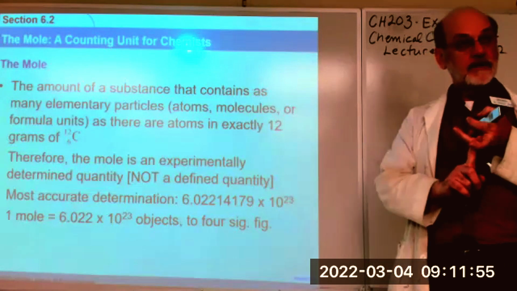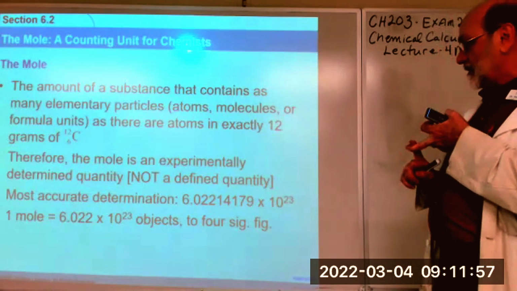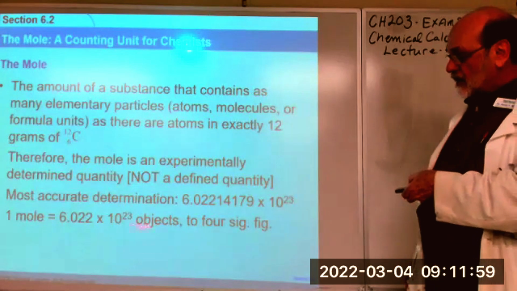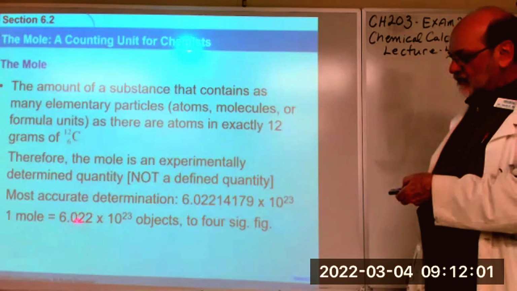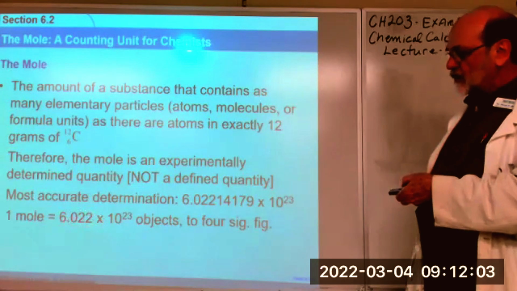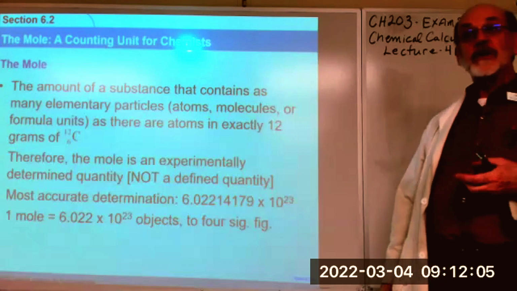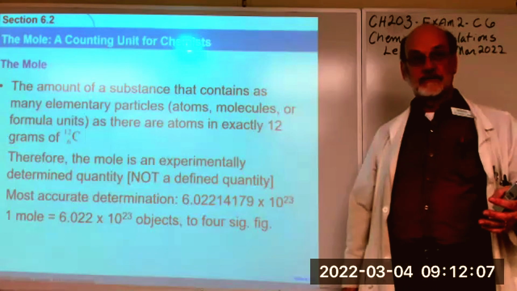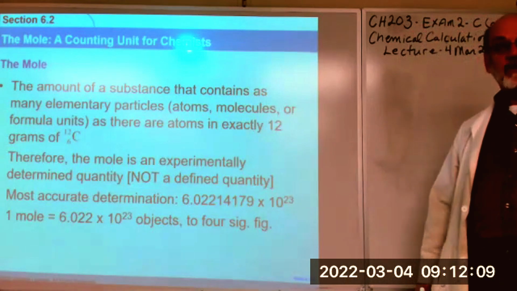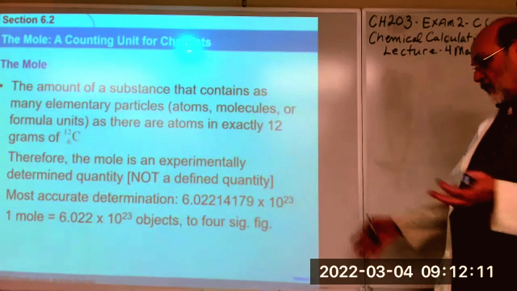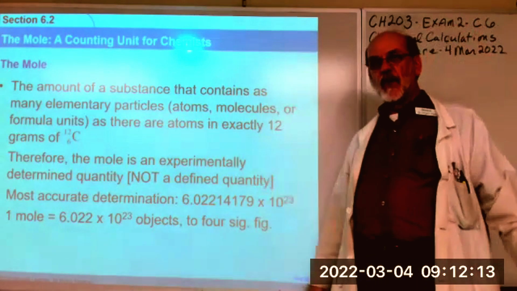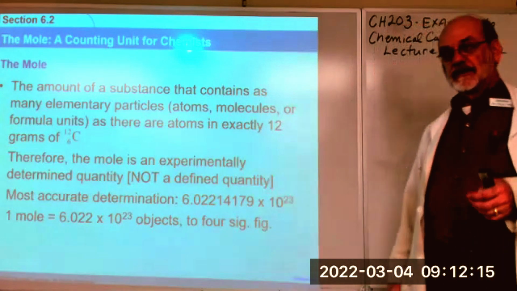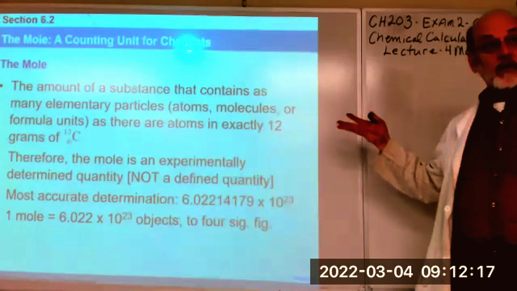And it has this value rounded off to 3 decimal places: 6.022 times 10 to the 23rd. So it is a huge number, but it's still a number, right? We could have, for instance, a mole of chickens. There'd be a lot of chickens, but it's still a mole.